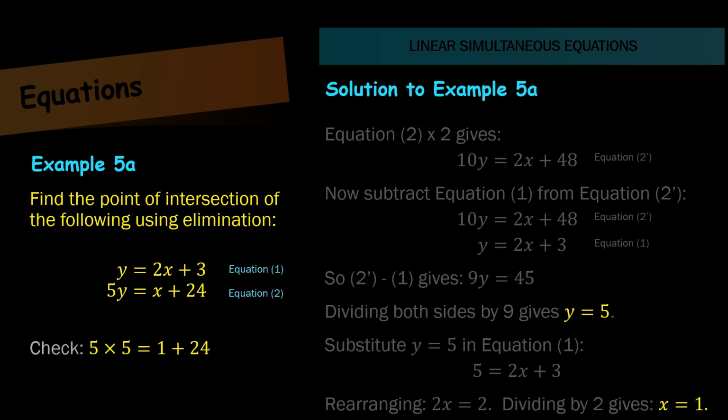Now the left-hand side equals 25 and the right-hand side equals 25. So the left-hand side and the right-hand side are equal. Therefore the check confirms that y equals 5 and x equals 1. We will now proceed to solve part B.